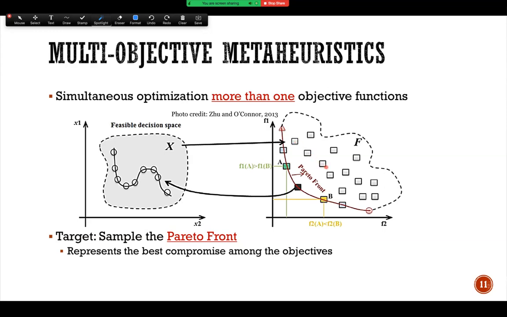Here, these gray boxes are dominated solutions, and these colored boxes are Pareto solutions or non-dominated solutions, which cannot be dominated by any solution. Here, the red line, which is composed of all Pareto solutions, is called the Pareto front. So, the target of multi-objective meta-heuristics is to sample the Pareto front.